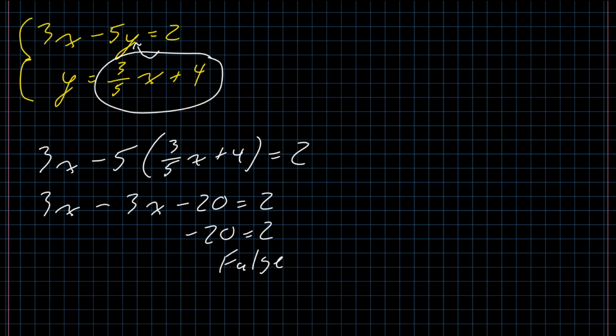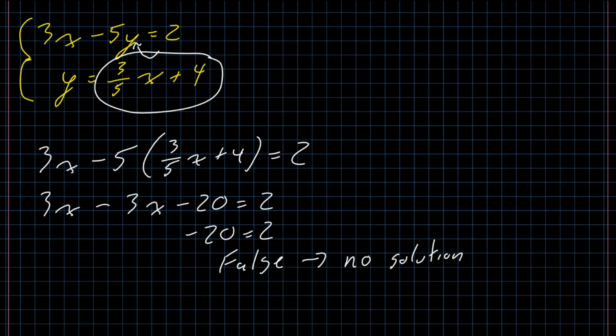This equation is false. We've said nothing about the value of the variable. We've gotten out that the equation is false. That tells us that there is no solution. Or, as we had described it, this is an overdetermined system.